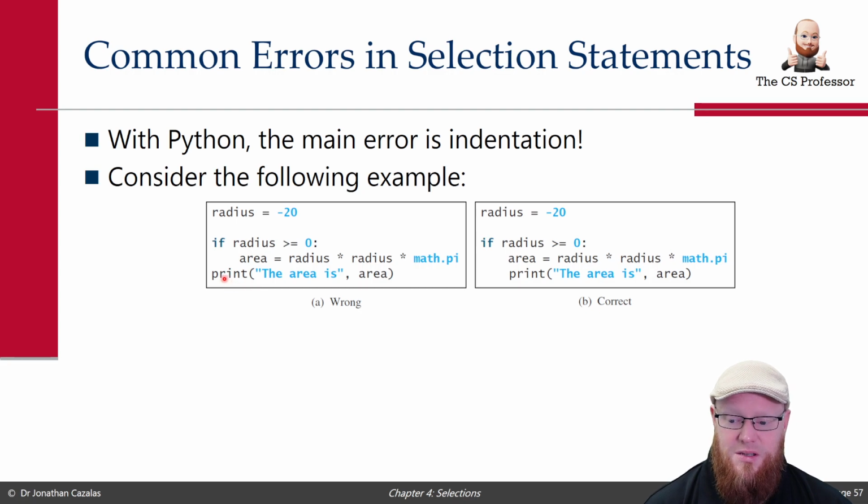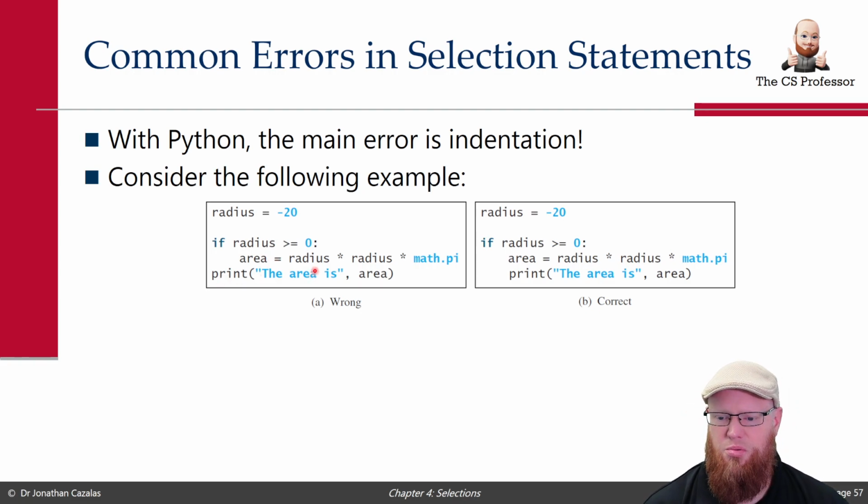Here, this is attempting to print the area regardless of the radius being greater or equal to 0. Because the only line of code currently inside the if statement is this assignment, area equals radius times math.pi. So if the radius is greater or equal to 0, we'll calculate the area. Regardless, we then print the area.